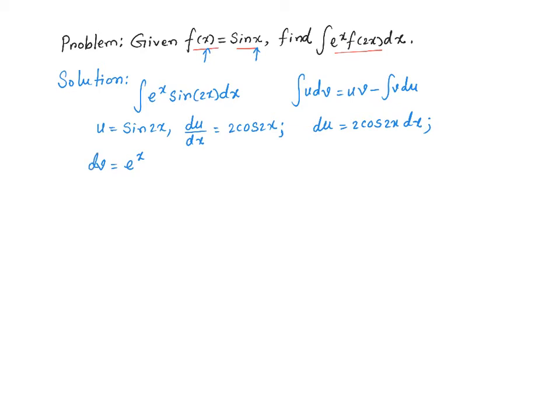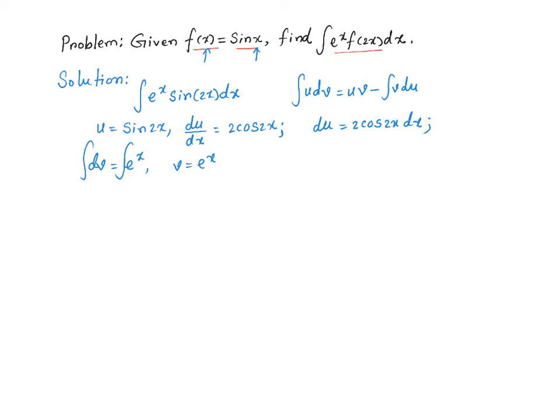Now let's assume dv is equal to e to the power x. Then the integral of dv is equal to the integral of e to the power x, so v is equal to e to the power x.